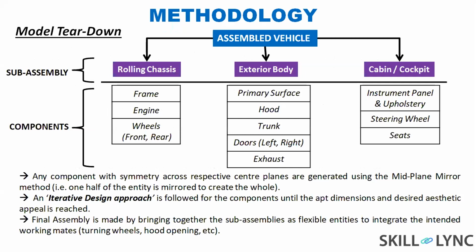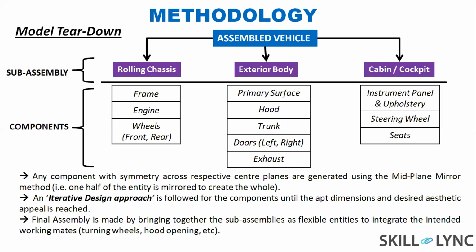So as recommended while solving aptitude problems, it is said that the problem should be broken down into pieces of information. This is exactly how the model teardown approach works. So basically, the model has been divided into 3 sub-assemblies and further components, as the branched diagram shows.